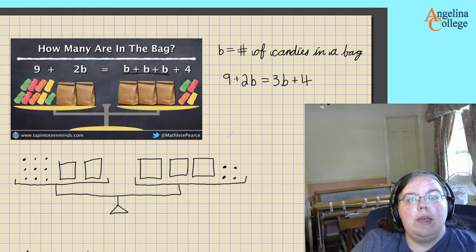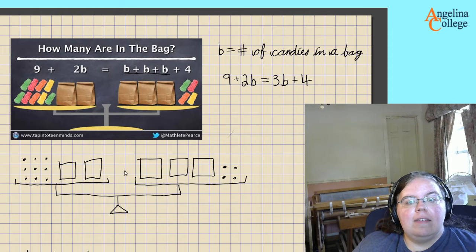Okay, one thing we can do is, it would be convenient if we only had an unknown on one side. So I'm going to take a bag off of each side, and then another one.